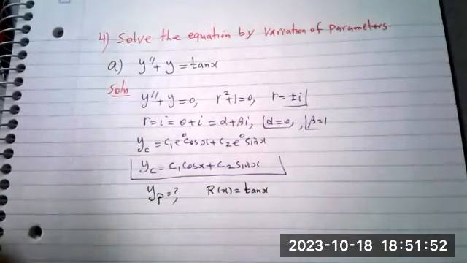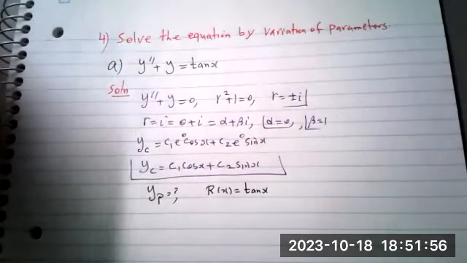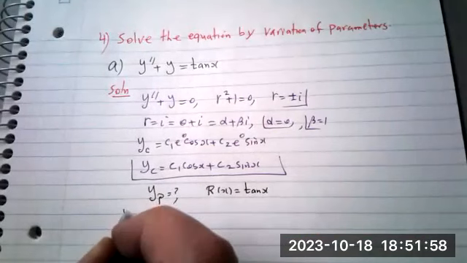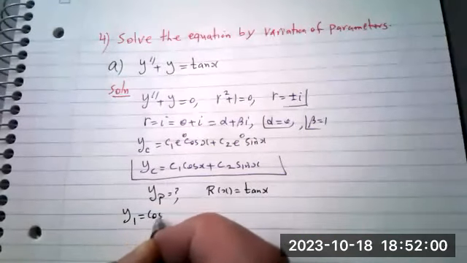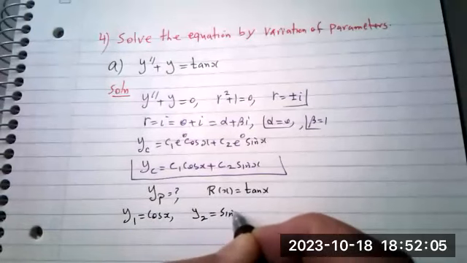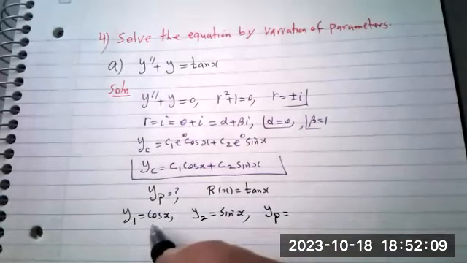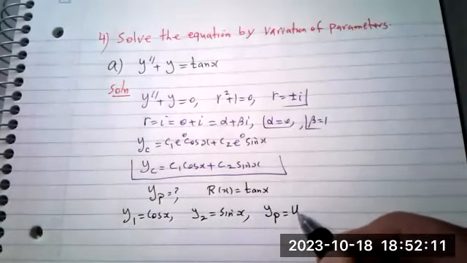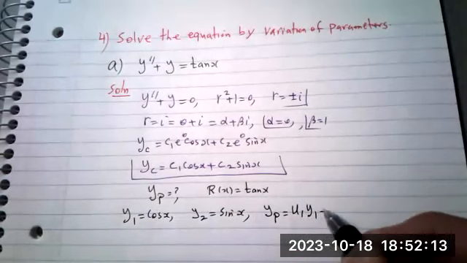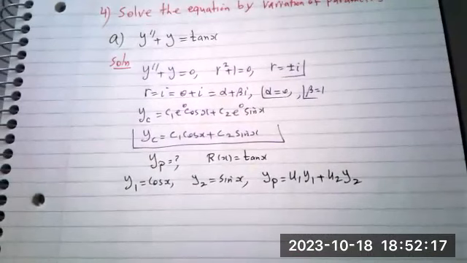We introduce the YP and work on it. You have to identify y1 and y2. Take y1 to be cosine x, y2 to be sine x, and then YP is u1 y1 plus u2 y2.